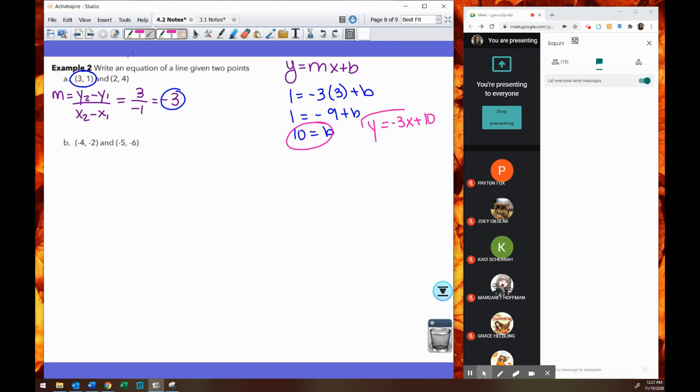So y equals -3x plus 10. There's just that extra step at the beginning where you have to calculate your slope. So then try to repeat. Find your slope, step 1. Plug in a slope and a coordinate point for step 2. Rewrite your final equation for step 3.